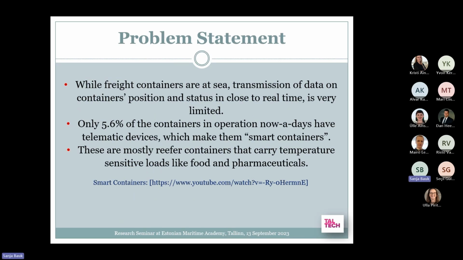So let me try to define the problem. While freight containers are at sea, transportation of data on containers' position and status in close to real time is very limited. Due to the best of my knowledge, only 5.6% of the containers in operation nowadays have telematic devices, which make them, let's say, smart containers or virtually smart containers, so that you can track and trace these containers into close to real time.